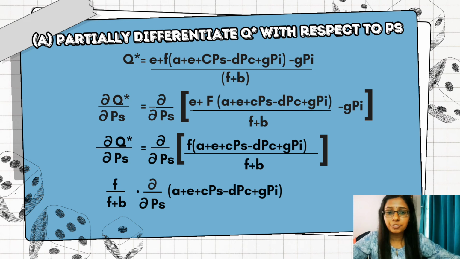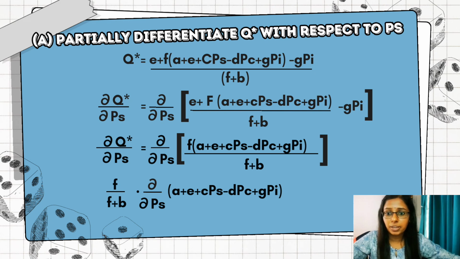Question 2a. Partially differentiate Q with respect to PS. Equilibrium quantity Q equals (E plus F)(A plus E plus CPS minus DPC plus GPI) divided by F plus B minus GPI. So now we will partially differentiate Q with respect to PS.